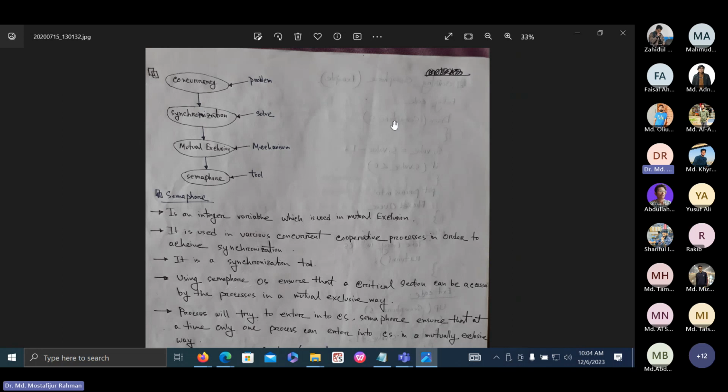That means we need to share a memory, or we need to share a device by multiple processes. This is called concurrency. That means the concurrent processes need to access a memory space or device. So this is one type of problem we can say.